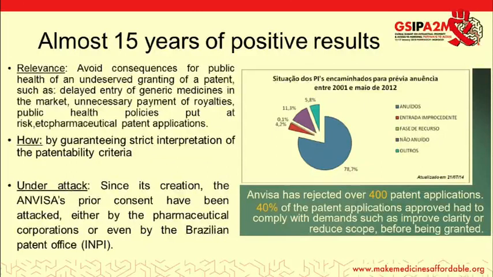Because it avoids public health consequences of an undeserved patent grant, as we have seen in the example Herman was giving, the Argentinian guidelines that reject 95% of the patent applications. It was not the case of Anvisa's prior consent, it was more like 25%. But still, we think that it's a great difference from having another 25% of granted applications.